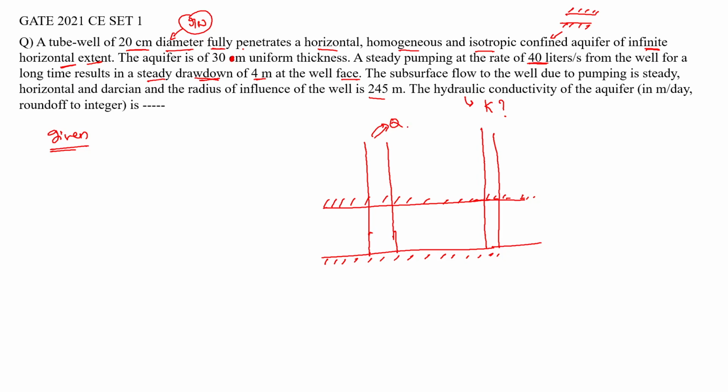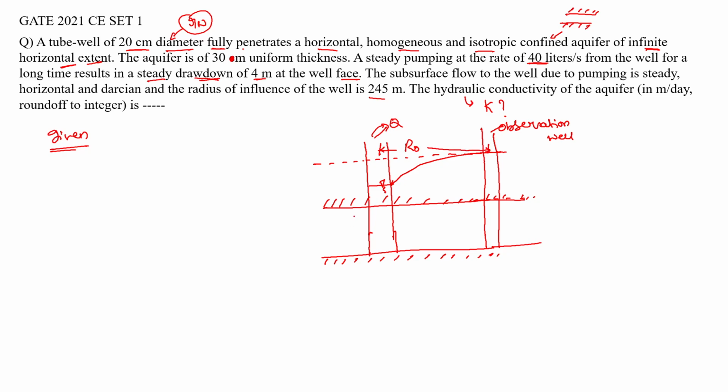Now we are taking Q water from here, and this is an observation well. This is the steady water level after a long time. This is the initial static water level. And from this level to this well is a distance.